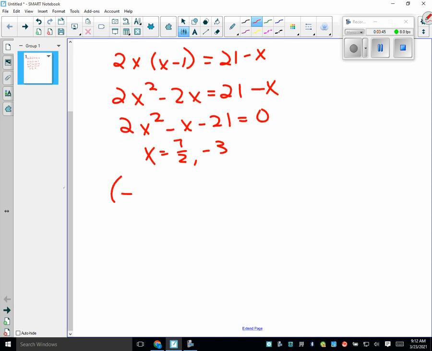So it is -infinity to -3, parenthesis, -3 to 7/2, parenthesis, and parenthesis 7/2 to infinity. Infinities always get parentheses. You are correct.